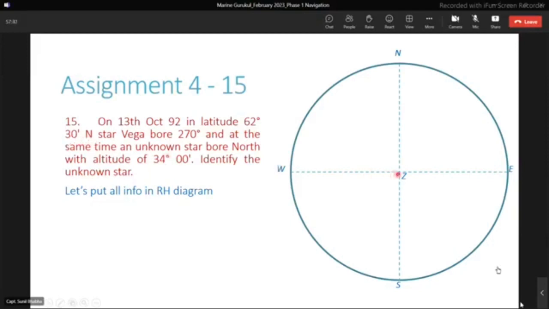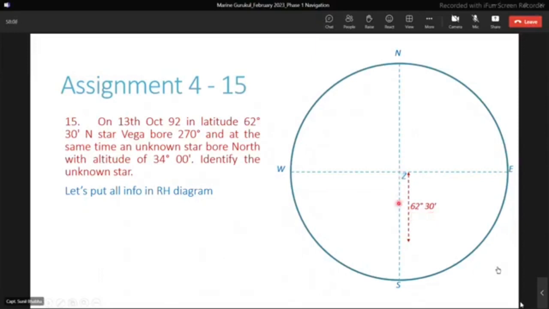So it tells us that the zenith will be north of the equinoctial, or the Q point. In other words, the Q point would be south of the zenith. And we know that the arc ZQ represents the latitude of the observer, and in our case this is 62 degrees 30 minutes.